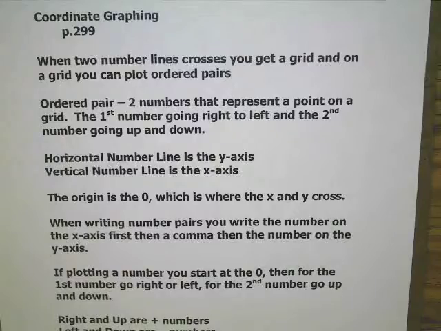So which way do you go? Right to left, and then which way do you go? Up and down. When you plot the number, so when you put the point on the grid, you start at 0, go right to left, whichever way you're supposed to go, and then go up or down for the second number. And the spot where those two numbers meet on the grid is where you put your point.